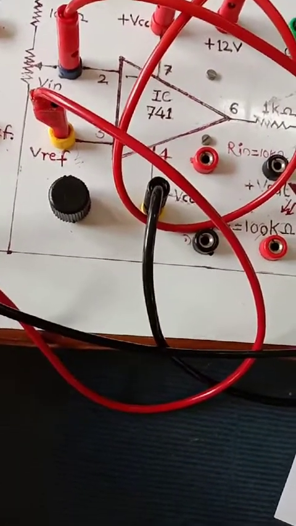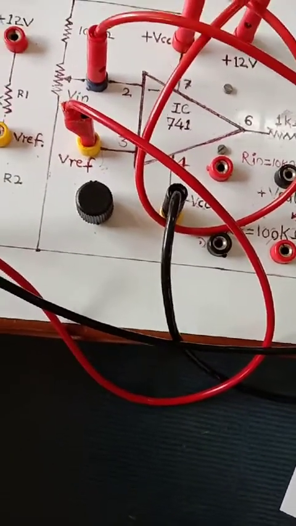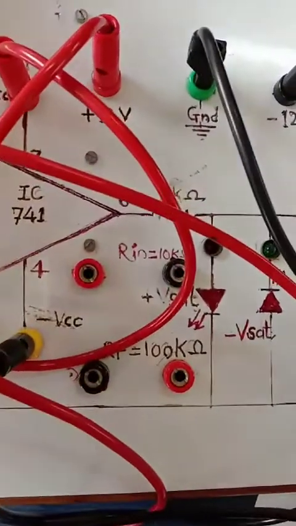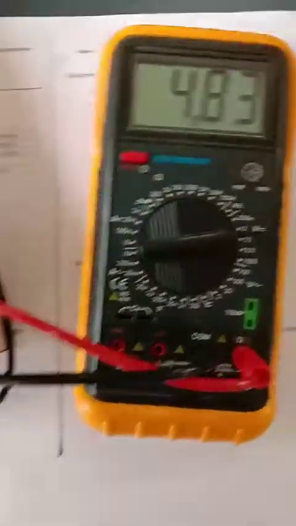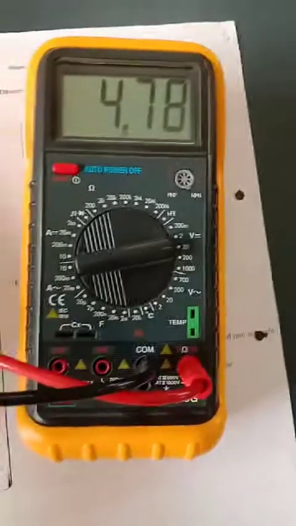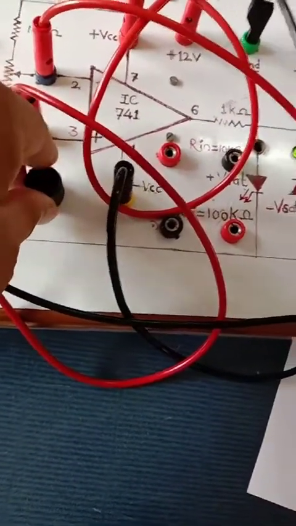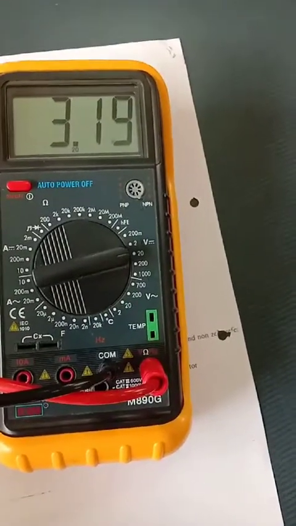Since the input voltage is positive and this is an inverting type comparator, if this input voltage is greater than 0 volt, we will get negatively saturated output voltage. See here, we can change this input voltage by using this potentiometer. I am rotating this potentiometer, so the input voltage can be varied.